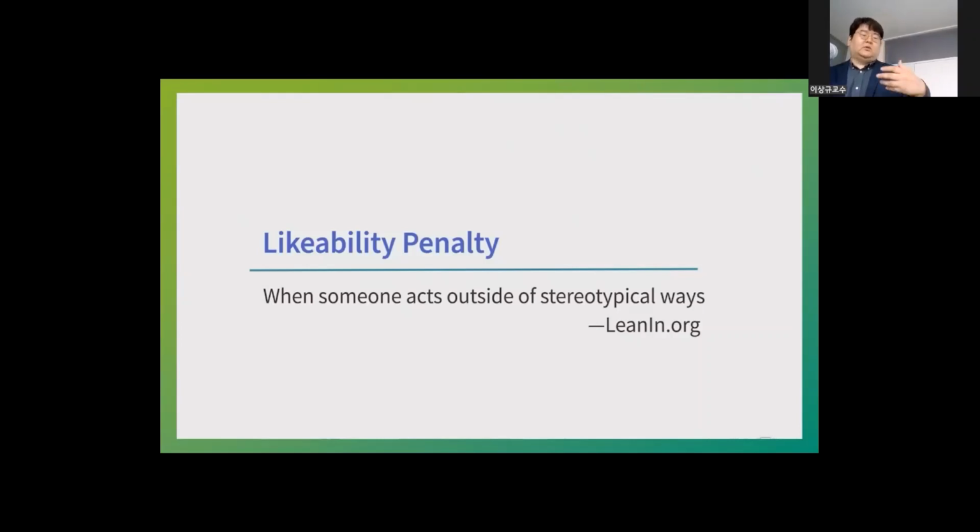This is called the likability penalty. This is actually a good word to remember. If we expect a woman to be supportive and she acts assertively, for example, we can penalize her and call her shrill or say she has sharp elbows or whatever, right?